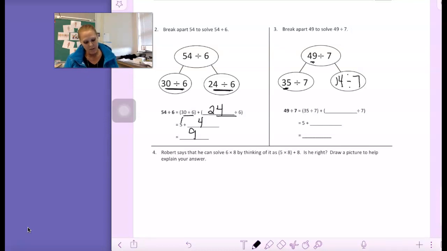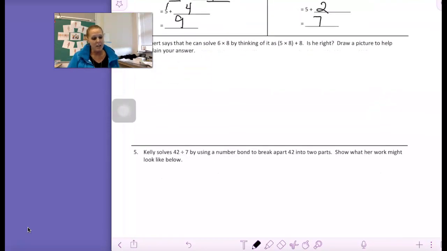So we did 35 divided by 7 plus 14 divided by 7. So it's 5 plus 14 divided by 7 is 2. 5 plus 2 is 7. Those are hard for me, boys and girls. I admit it. Let's take a look at number 4.